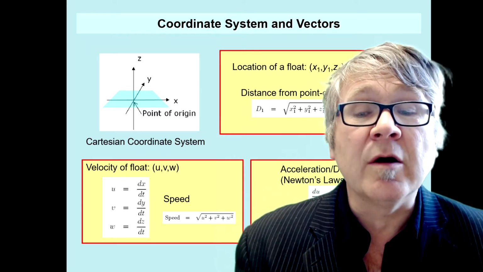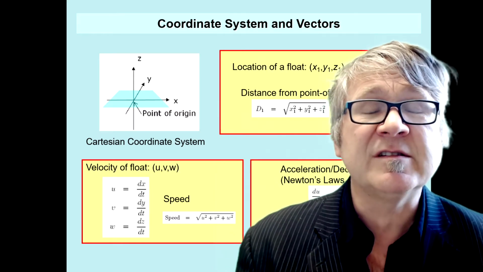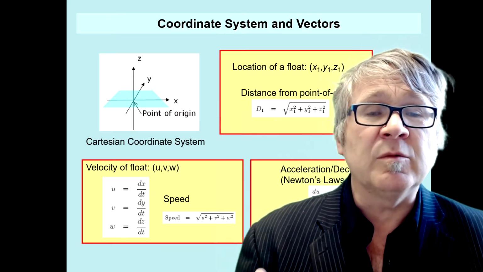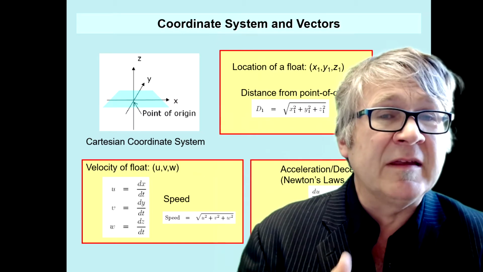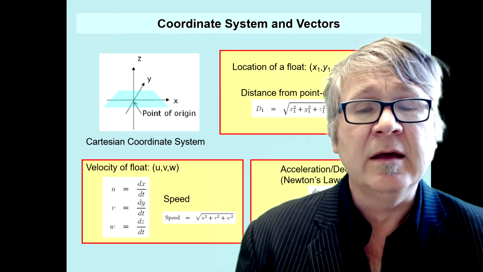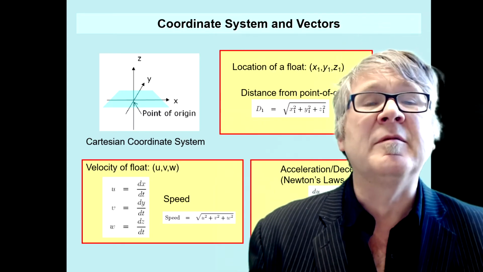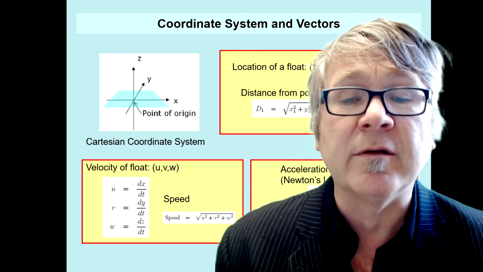You can also work out the velocity of a float. So what is it? Velocity has to do with the speed and with the direction. In three-dimensional space, you can split up the velocity into three components.